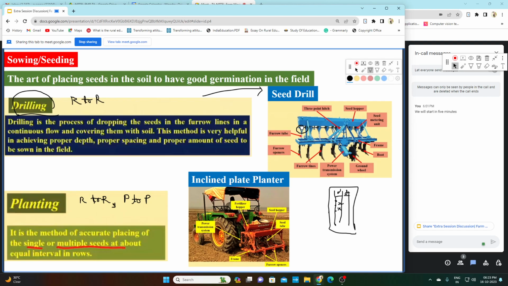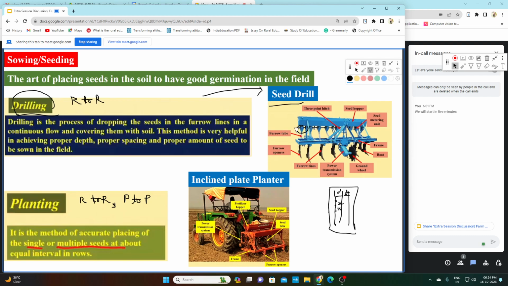The seed metering mechanism will take seed from the seed hopper and transfer it to the seed tube. Then the seed will come to the furrow opener, and the seed will drop into the furrow. So this is the seed drill operation.